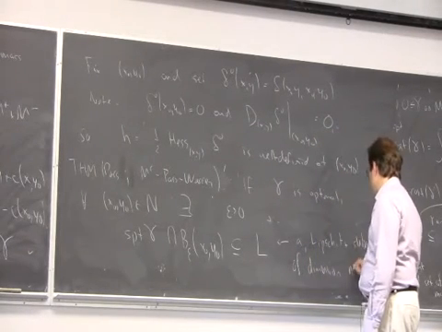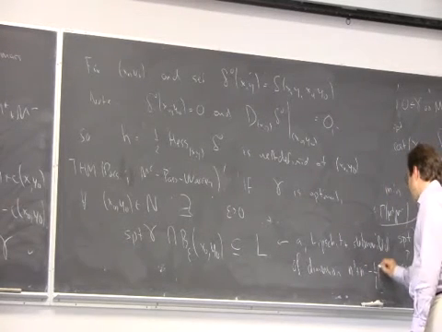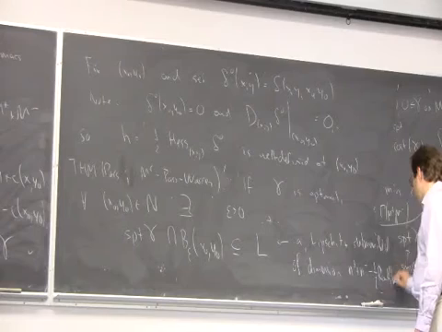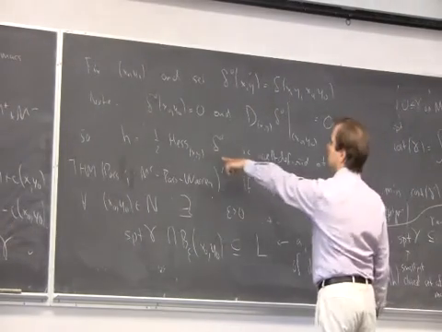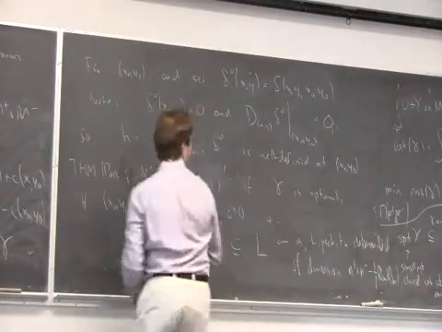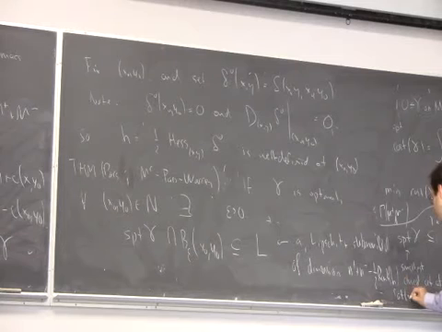And the dimension is n plus n minus half of the rank of H at x naught, y naught.